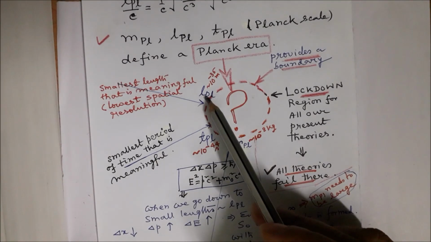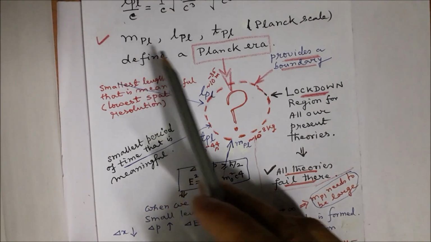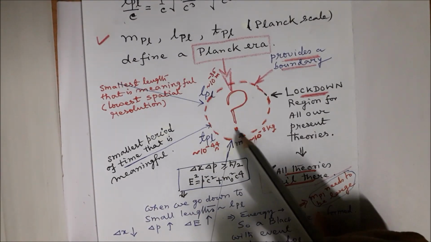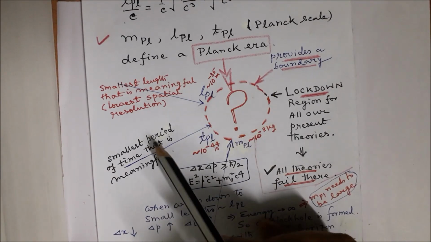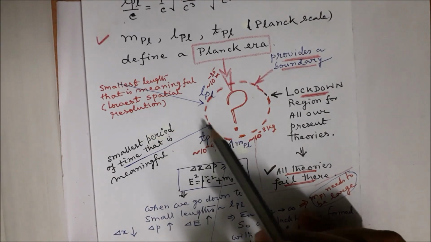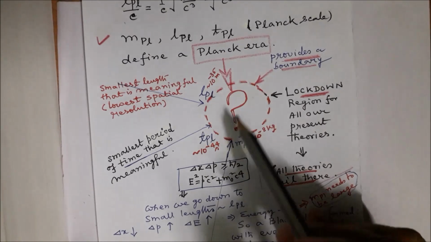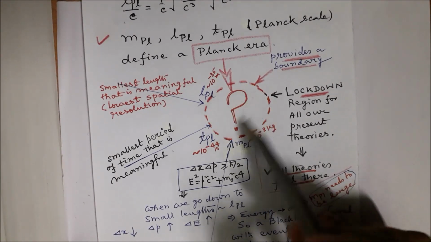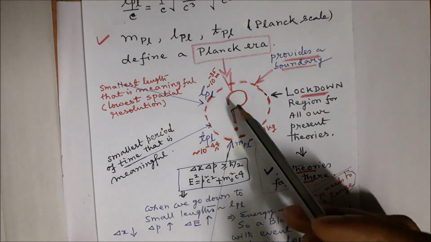So these quantities, Planck mass, Planck length and Planck time, they set a lower bound when we are in the observable universe, and they set an upper bound with respect to the Planck era or Planck region, Planck confines.